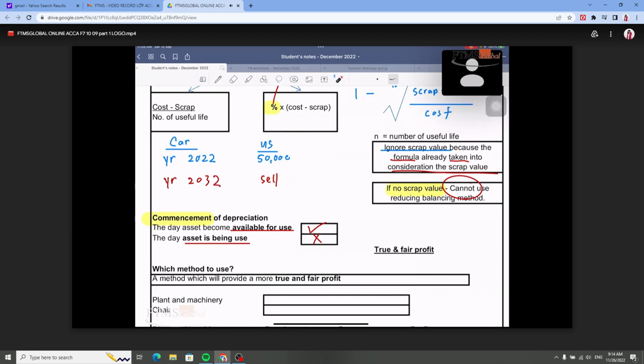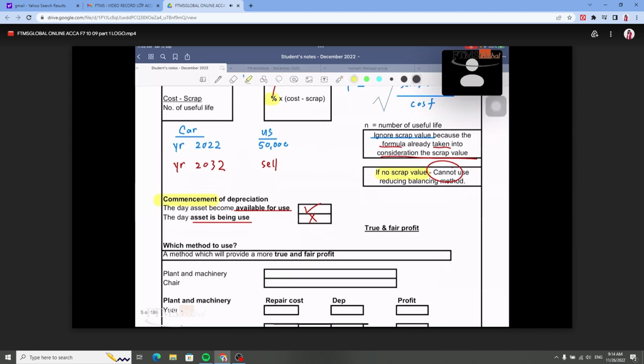Logically, the buyer will not agree, right? So therefore, depreciation always starts when your asset is available for use. Based on logic, even though you have not used the asset, your asset will still depreciate.